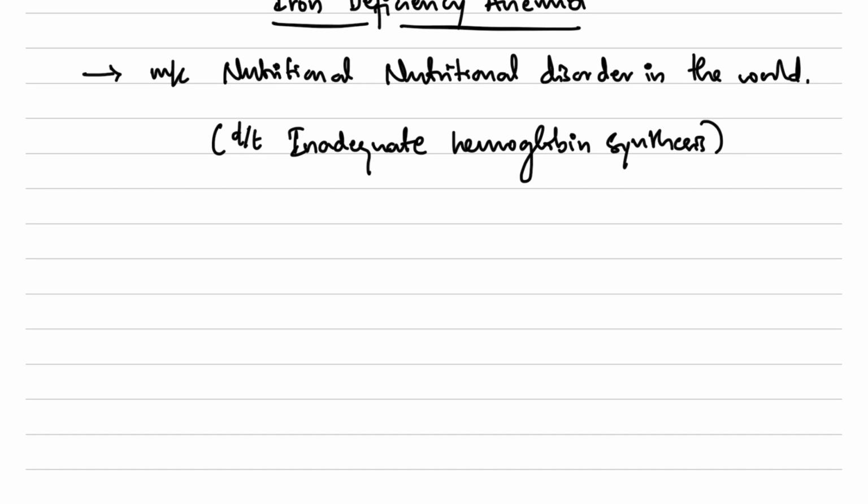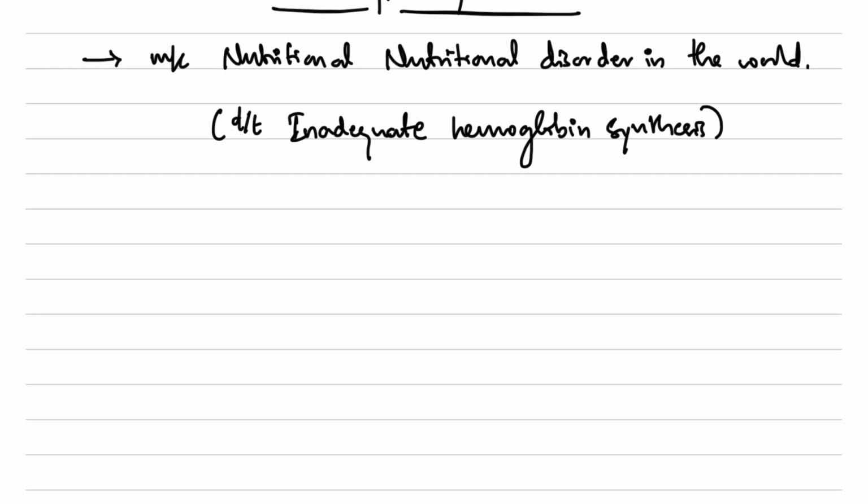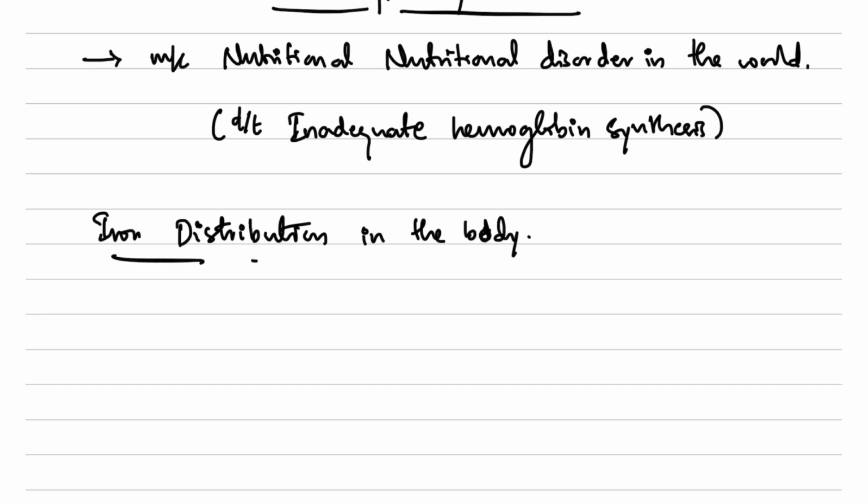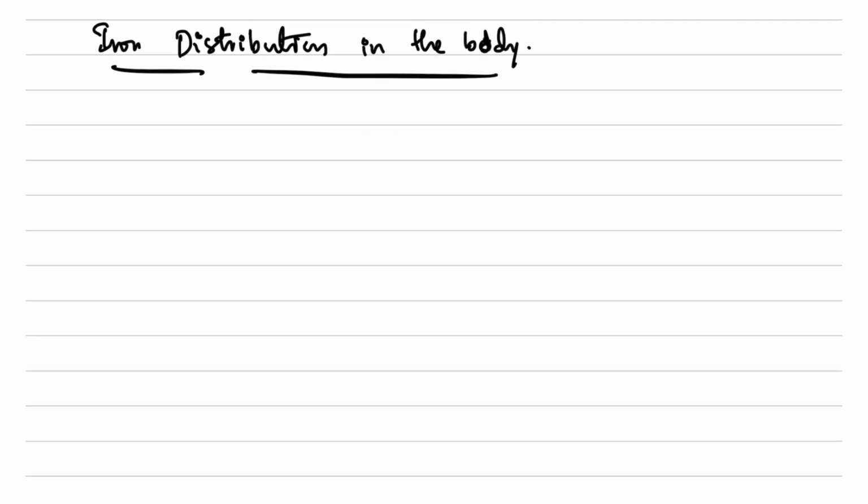So let's move on to the basics. First we'll understand how the iron is distributed in our body. Understanding this topic is very important, so we'll be looking at iron distribution in the body. Firstly, the iron distribution in the body is different in men and women.